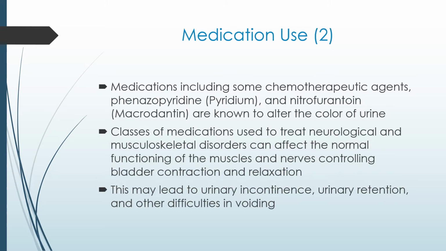Medications including some chemotherapeutic agents, pyridium, and then macrodantin are known to alter the color of urine. They will turn the urine an orange.